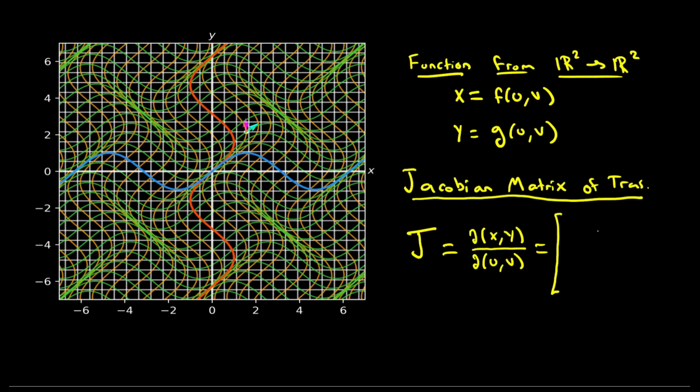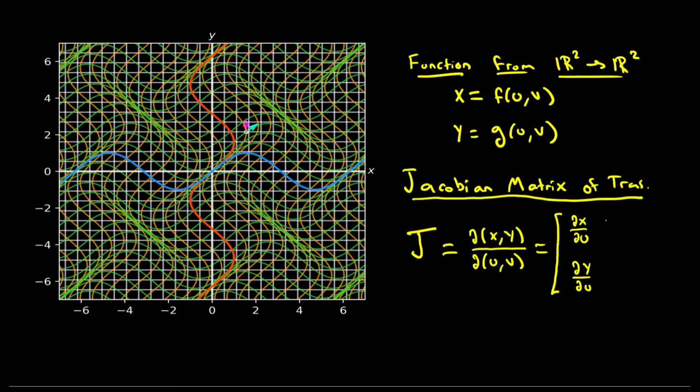But this matrix is exactly the matrix of first partial derivatives of x and y with respect to u and v. Now it's important to write this in the correct order. The first column of the Jacobian matrix is going to be the x partial derivative with respect to u and the y partial derivative with respect to u.